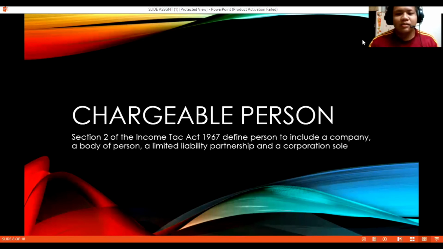Next is chargeable person. Under Section 2 of the Income Tax Act 1967, person is defined to include a company, a body of persons, a limited liability partnership, and a corporation.